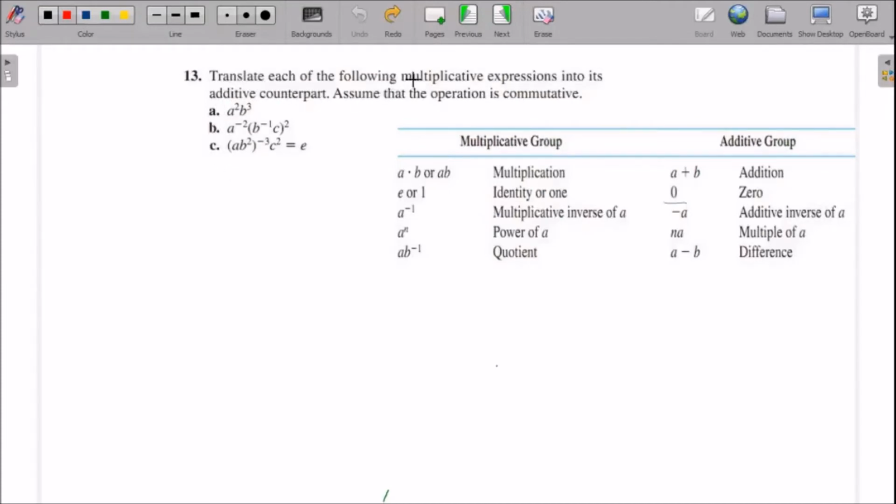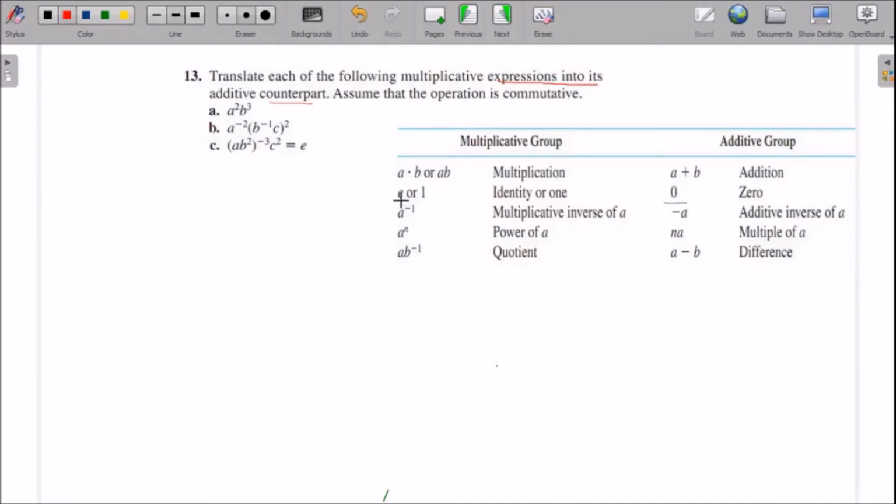Translate each of the following multiplicative expressions into its additive counterpart. For help, I have kept this table here. So what we see when we write AB or A dot B in multiplicative group, we used to write A plus B in additive group.